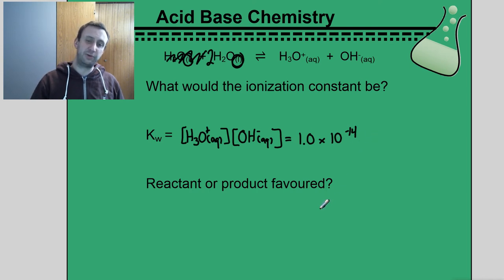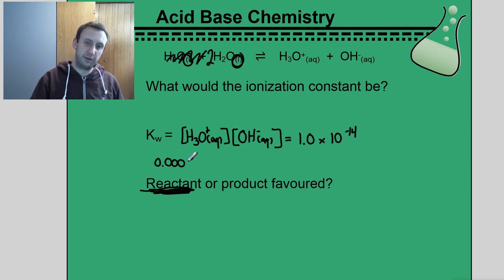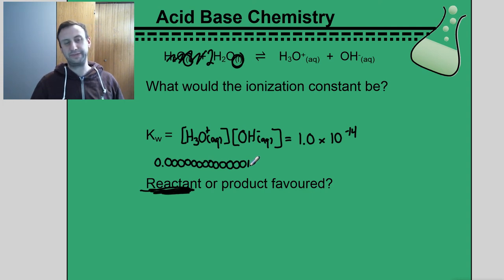Based on this value, is it product or reactant favored? Oh my goodness, is this ever reactant favored, because this value is super tiny. 1 times 10 to the negative 14 is almost 0. It barely happens. That's 13 zeros after the decimal point before the 1. That's how small this constant is.